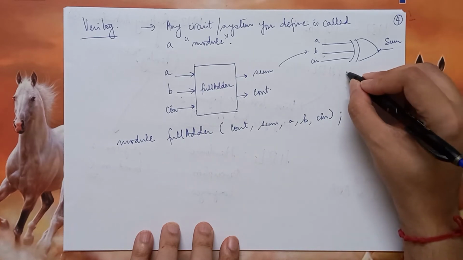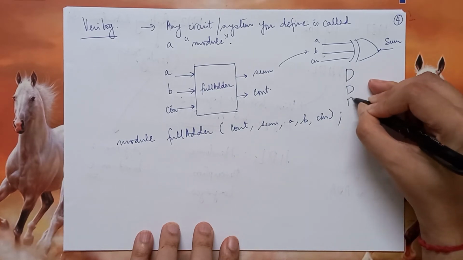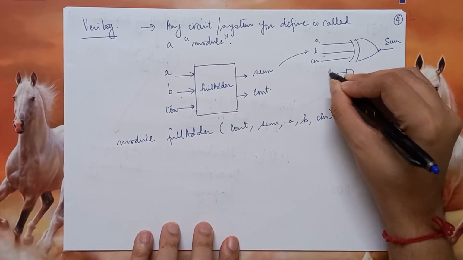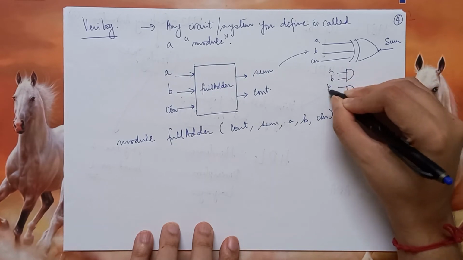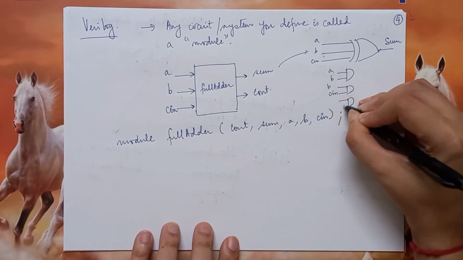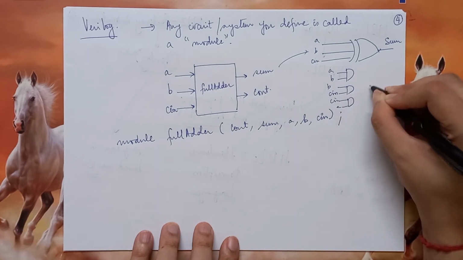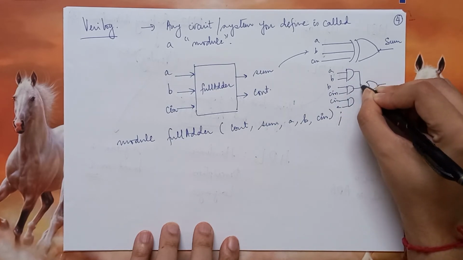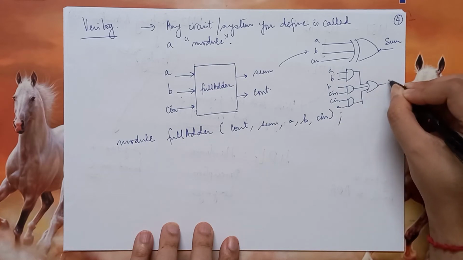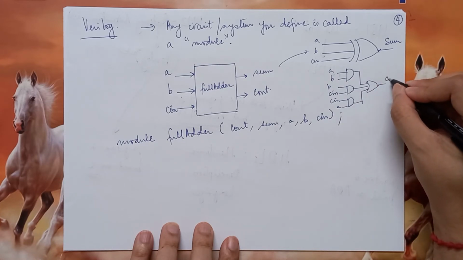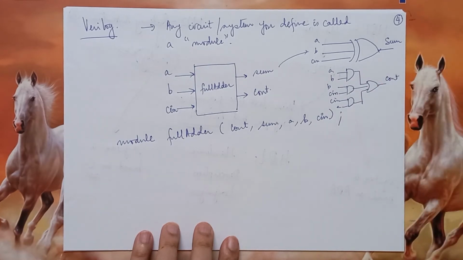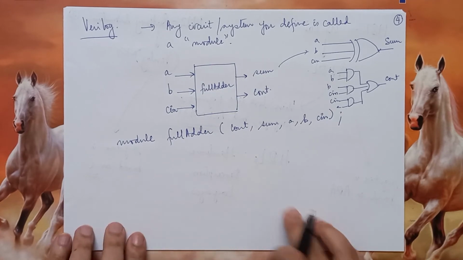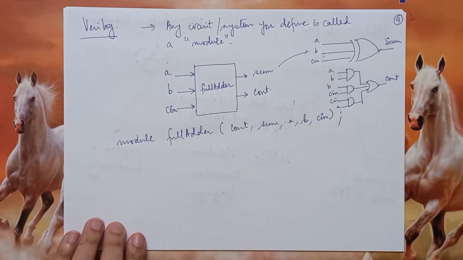And then I can have 3 AND gates, AB, B C in and then C in A. And these are all combined by one OR gate to realize the C out function. So let us say I want to define it in this way.